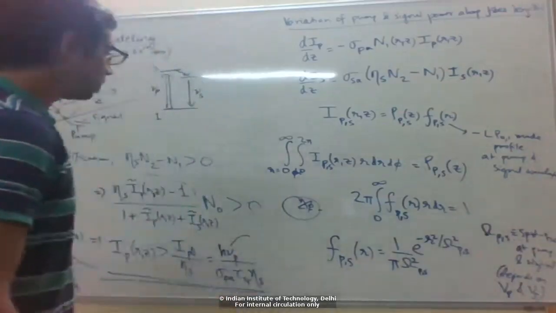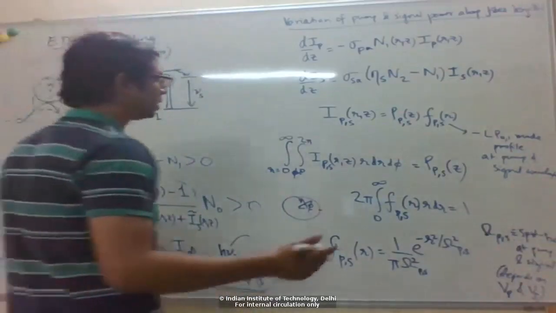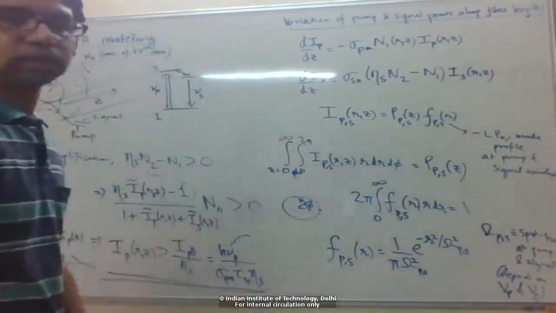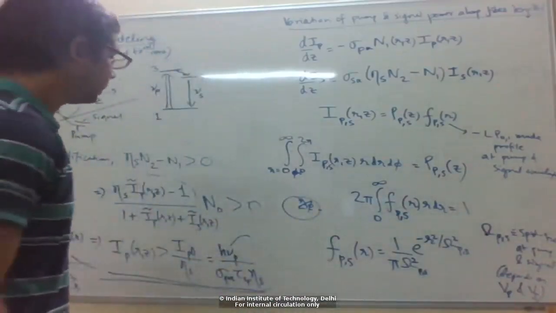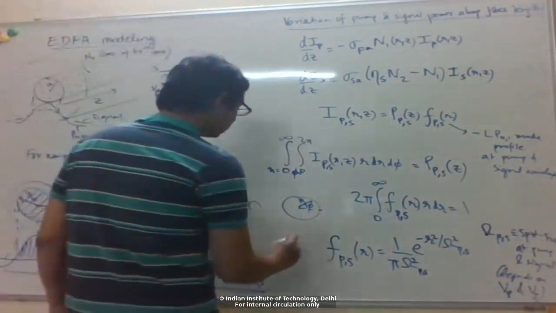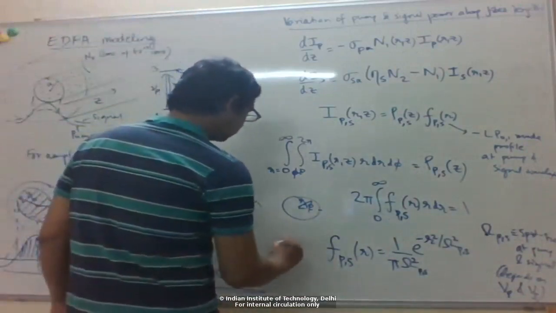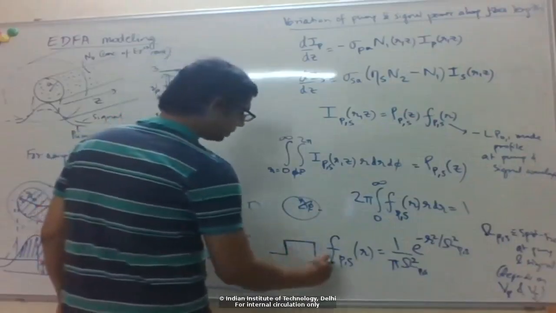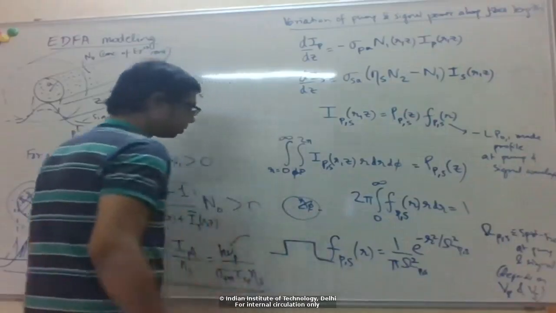The approximation we'll make is that there is no intensity profile with radial distance. Actually, the intensity is constant in the core, so we'll take a mode profile which just looks like a constant in the core.